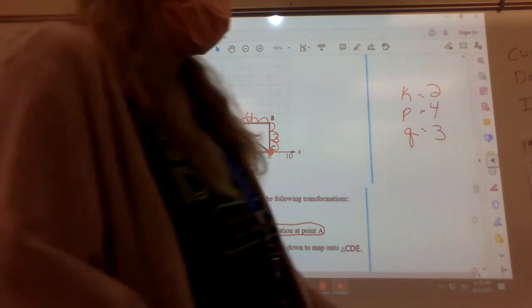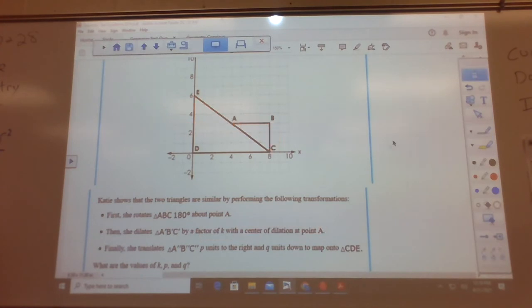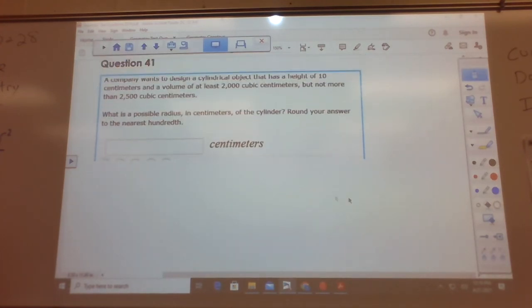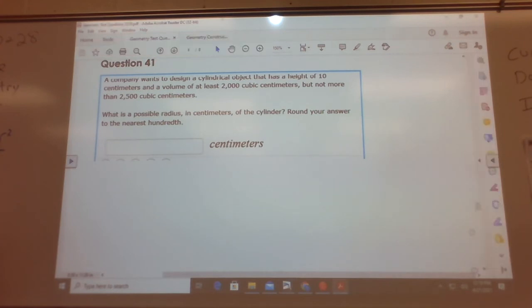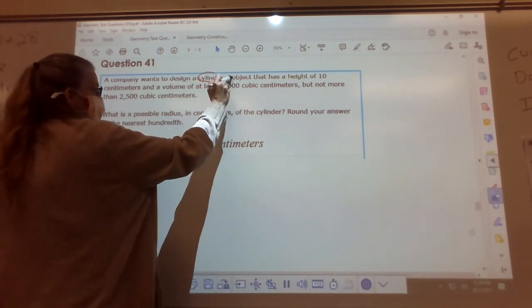So let's take a look at the next one. A company wants to design a cylindrical object. So I have a cylinder.